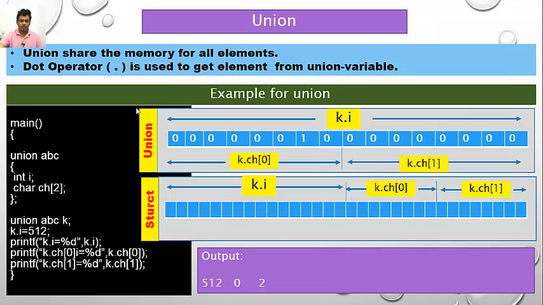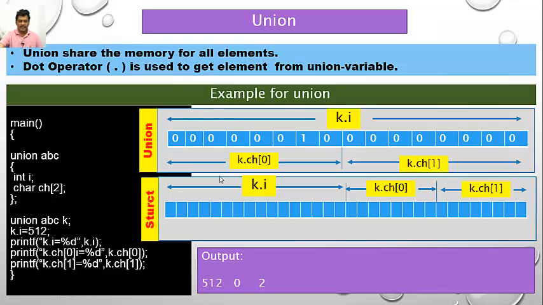The whole 4 bytes for f, the first 2 bytes for I, the first byte for ch of 0, the second byte for ch of 1. So the first byte is common for f, I, ch of 0. The second byte is common for f, I, ch of 1. The third and fourth bytes are only a portion of f.